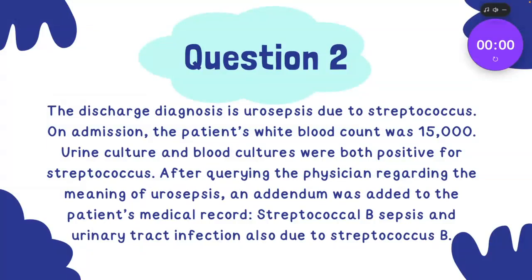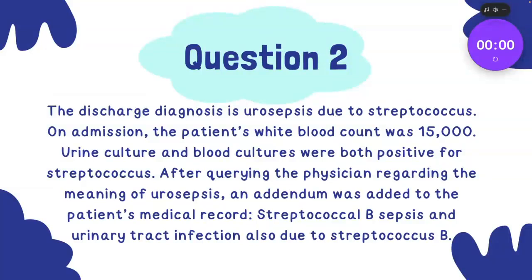After querying the physician regarding the meaning of urosepsis, an addendum was added to the patient's medical record. And so basically, they wound up with streptococcal B sepsis and urinary tract infection, also due to streptococcus B.